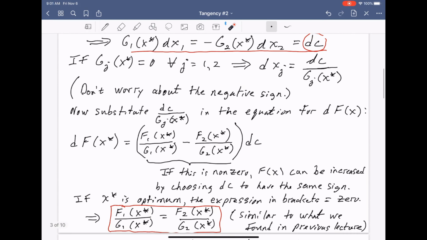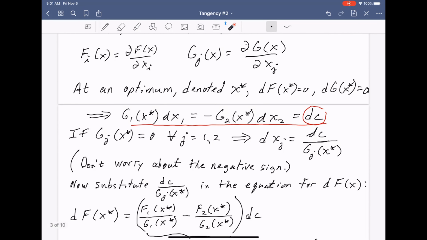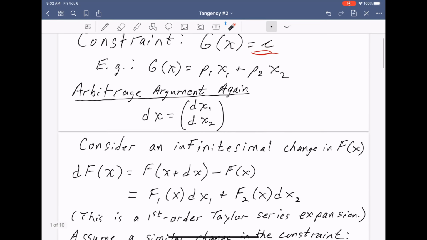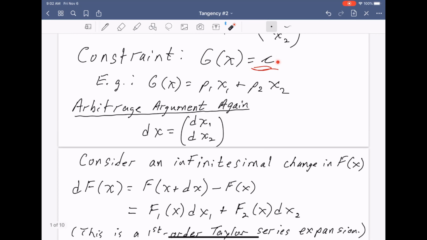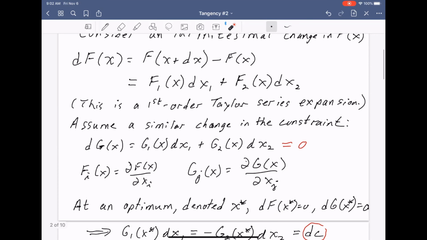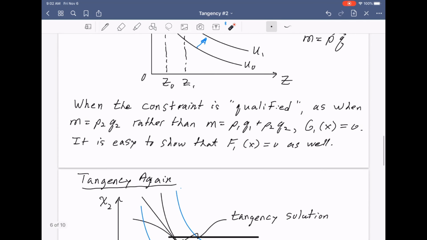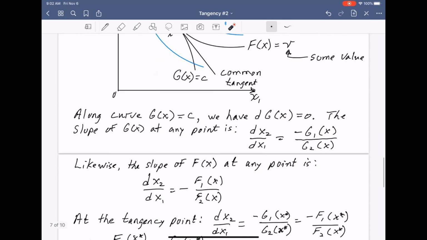So along the curve g of x, the change has to be 0, so that, in other words, c remains, so that we continue to spend this amount of money on it. Okay, so let's go back to our diagram there.